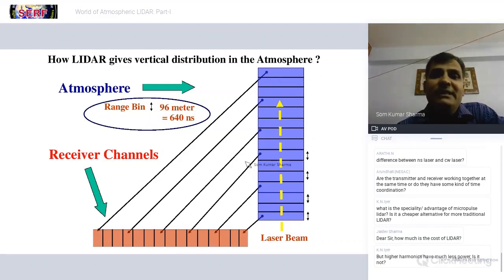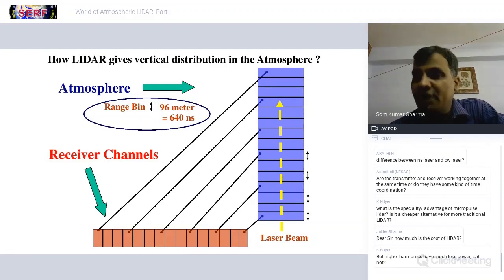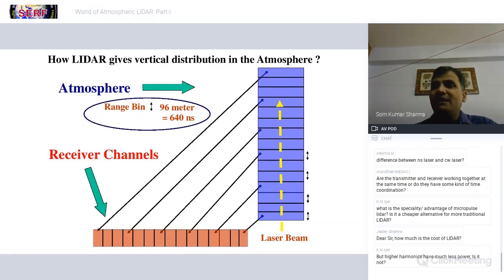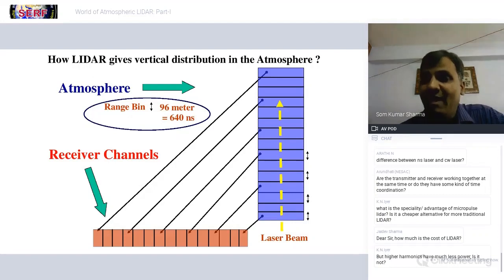Please remember, this is a very beautiful way by which the signal is collected from different altitudes, and you can study the vertical distribution in the atmosphere using LIDAR. You can change the range bin width according to your requirement, what you want to study, or how precisely you want to sample the atmosphere, with what resolution you want to sample it.